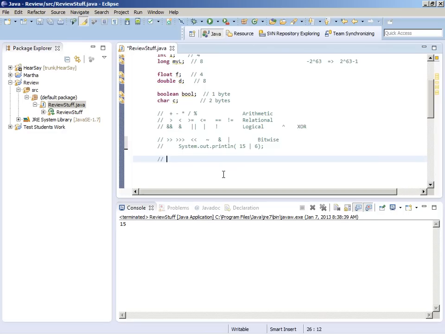What other operators do we have in the language? Well, we have some shortcut operators, increment and decrement, and those come in two flavors, pre and post increment and decrement. And we have the combined assignment operators, plus gets, minus gets, multiply gets, modulus gets, divide gets.